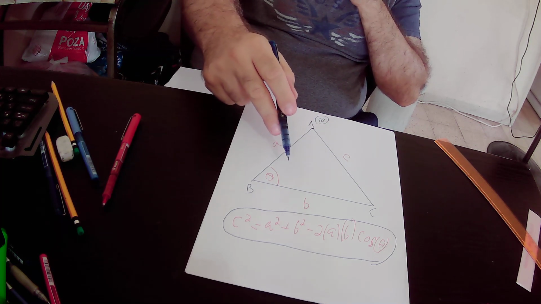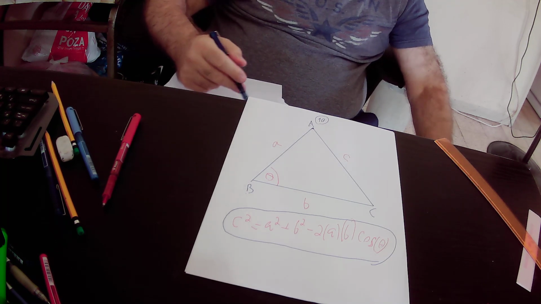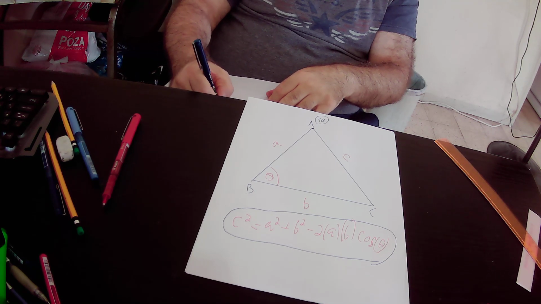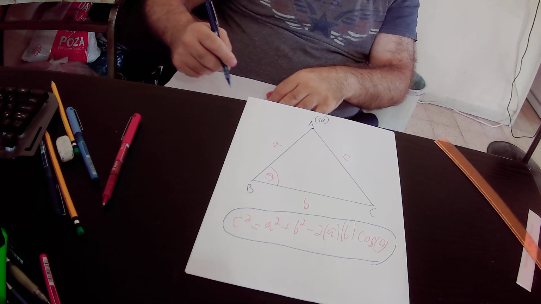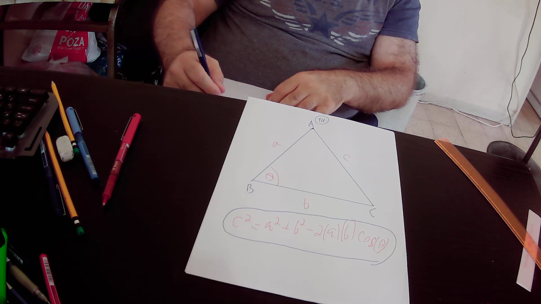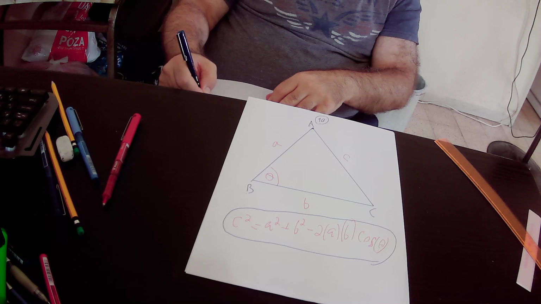We know that B equals 15 units, so B squared is 15 squared, and 15 squared is 225, minus 2 times A times B, which is 2 times 13 times 15, is 390 cosinus theta.